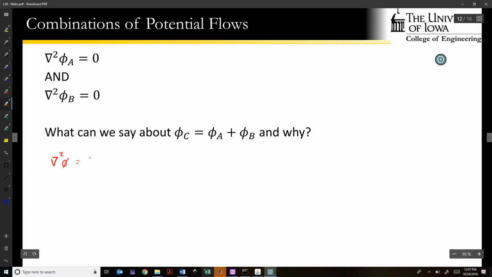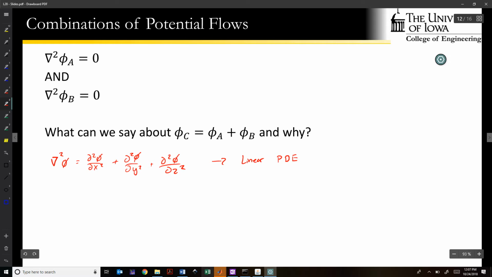Remember that this is squared. This is what we know as a linear partial differential equation.